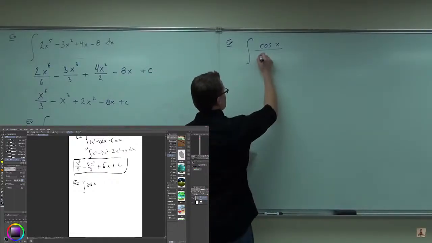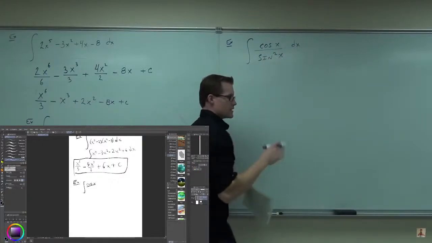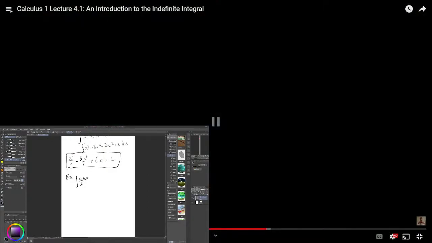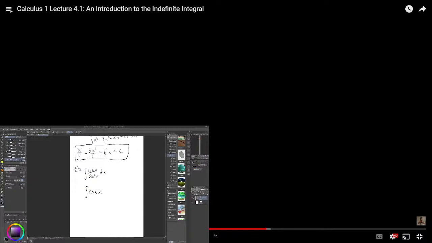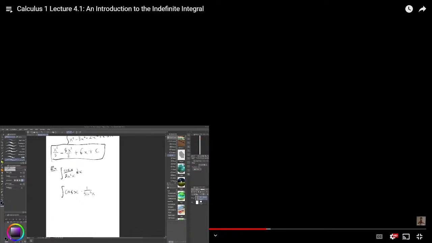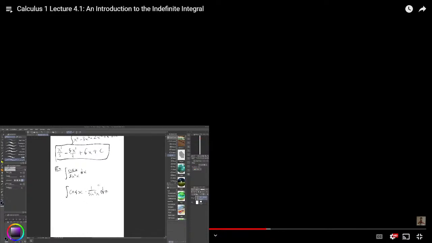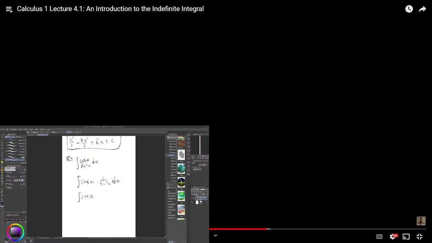So when I give you something like this, you could do cos x times 1 over sine squared x, which is cos x cosecant squared x.